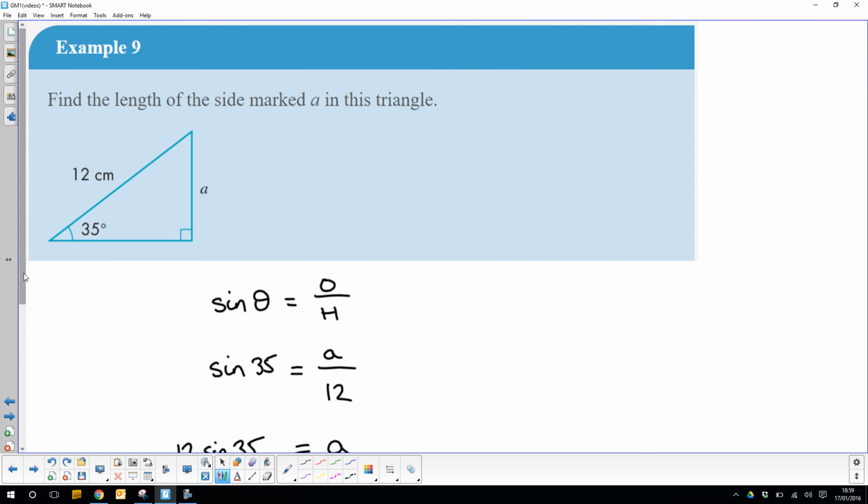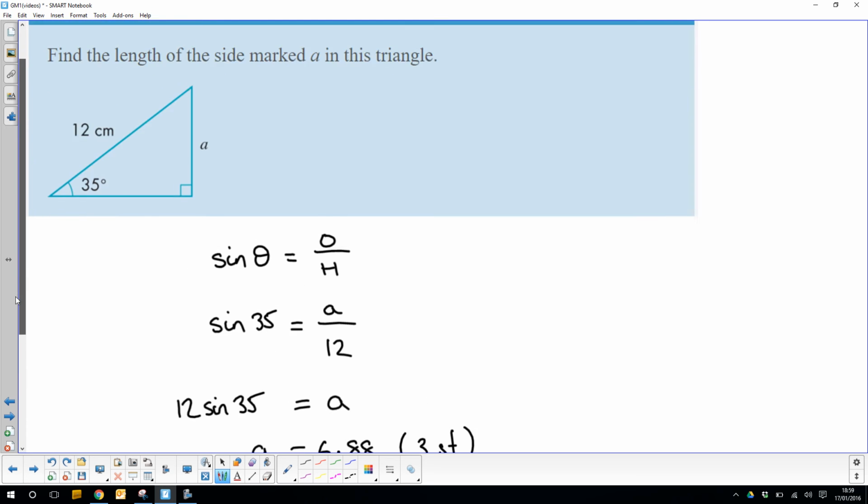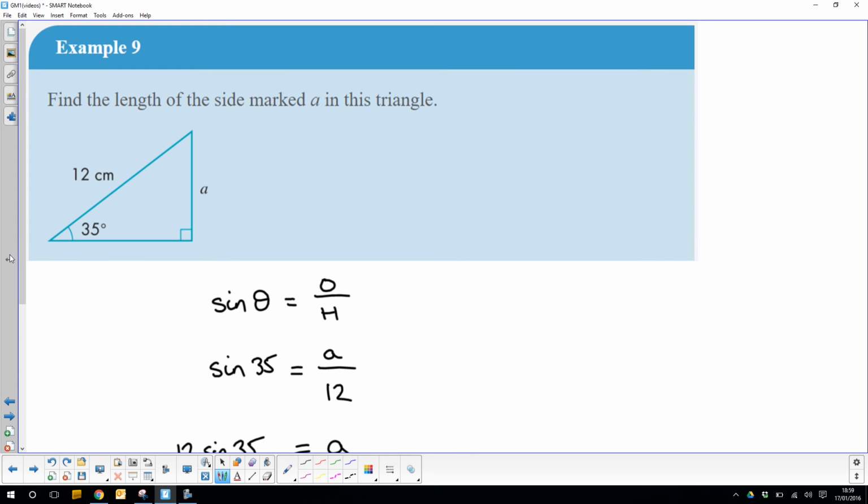I can see the hypotenuse is 12. My answer is 6.88. I know that sine of 30 would be a half, so if this was a 30-degree angle, then A would be 6. But obviously it's bigger than that, so I would expect A to be a little bit bigger, and 6.88 looks about right. So that's how we would find the side length of A.